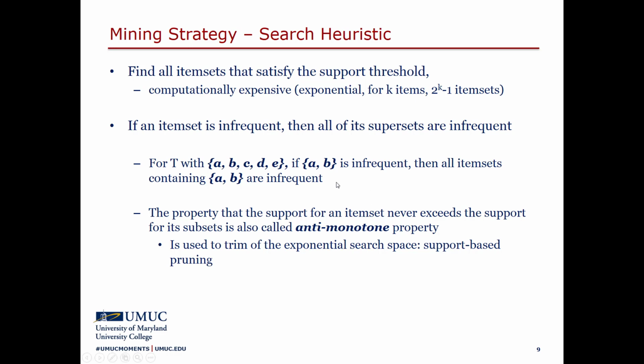That is, if you have, for instance, in your transactional database, A, B, C, D, E as items, and if you determine that A, B does not satisfy the support threshold, in other words, if it is infrequent, then all item sets containing A, B, that means all its supersets, will also be infrequent. Okay, and you leverage this property to cut or trim the exponential search space. And this property is called the anti-monotone property. And applying this strategy for cutting the search space is called support-based pruning.